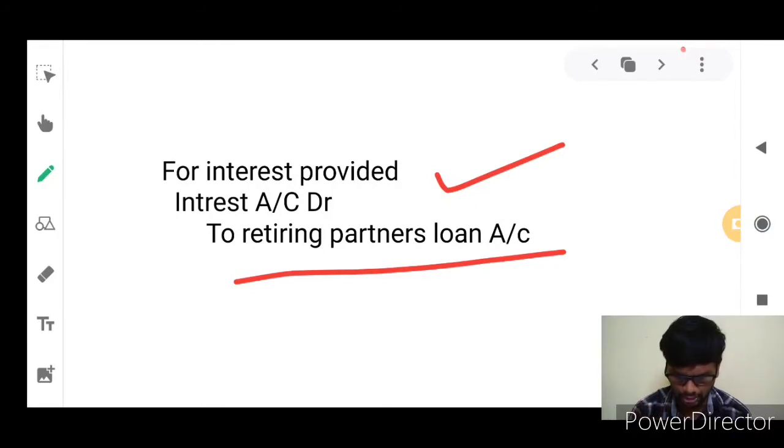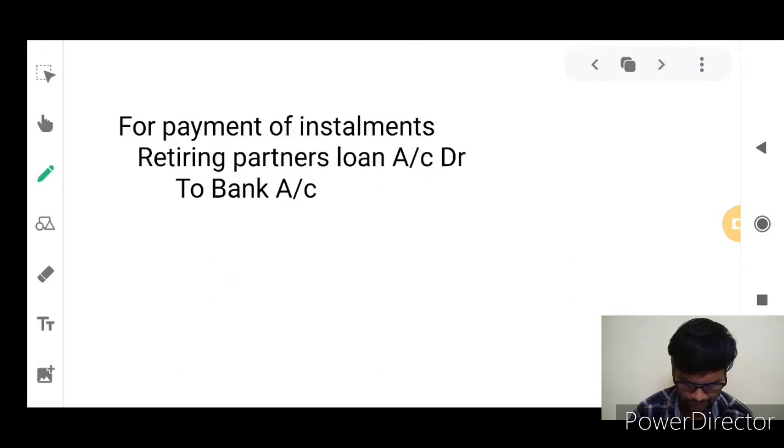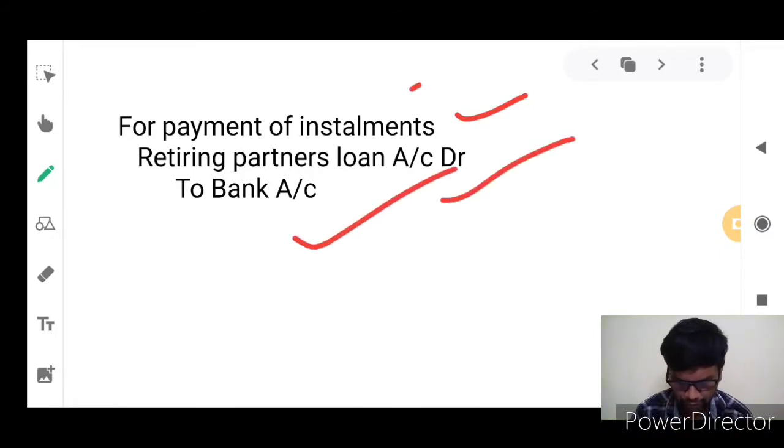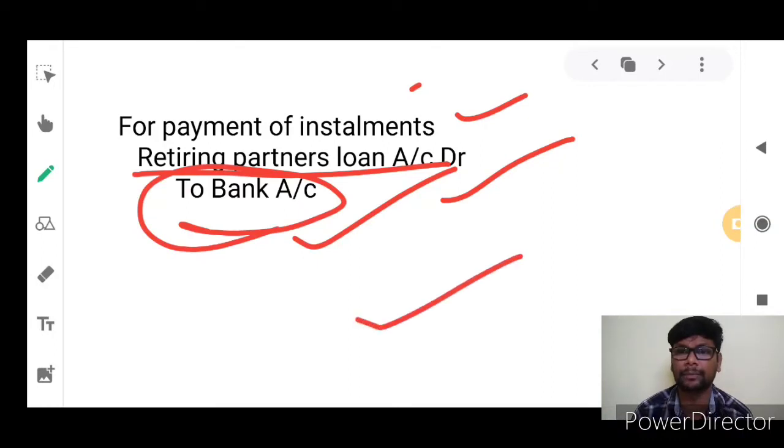And for payment of installment, if the partnership firm is prepared to pay its liability in installment, retiring partner's loan account debtor to bank account, because the firm is responsible to pay, and that loan account is entered on the liability side. In this situation, the firm has to pay the retiring partner, and the firm is paying money to the retiring partner, isn't it? So easily you can understand the journal entry.